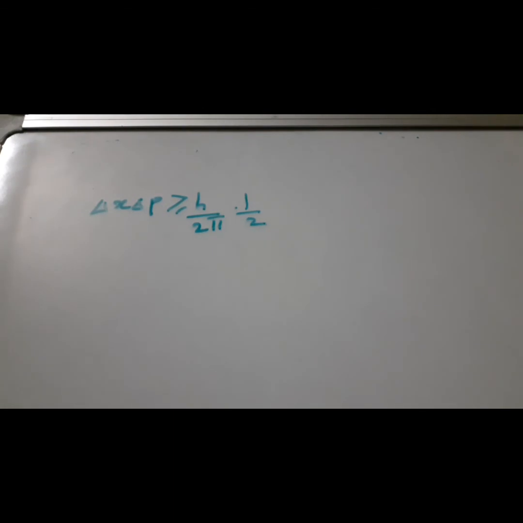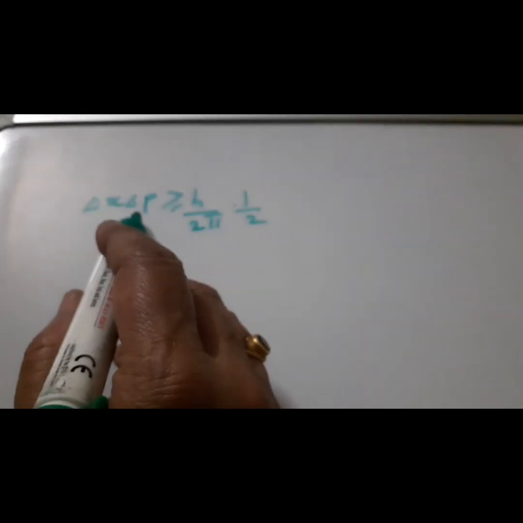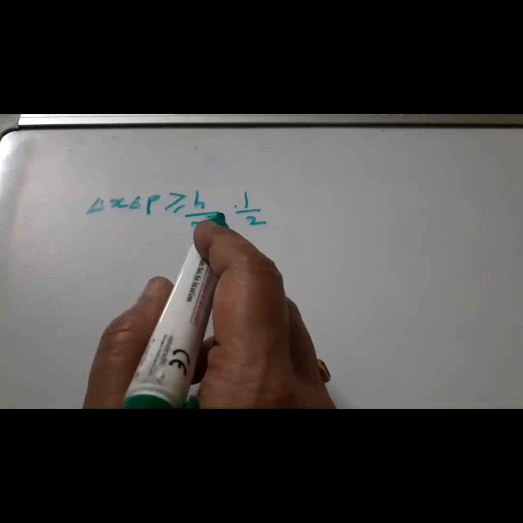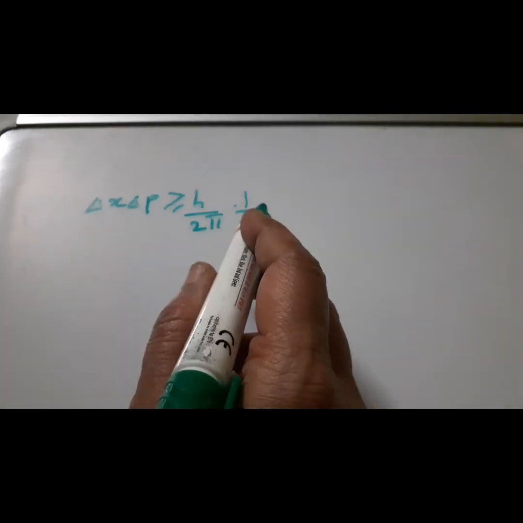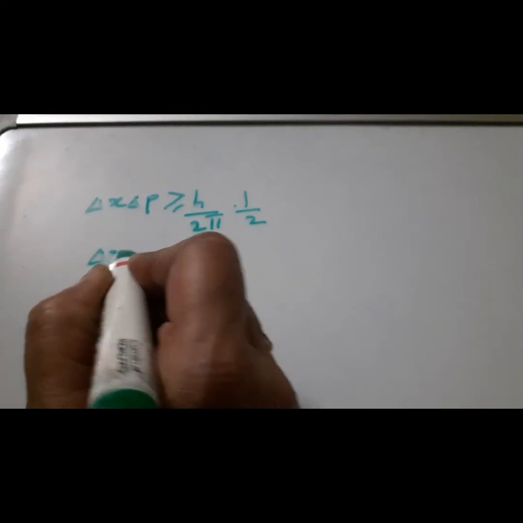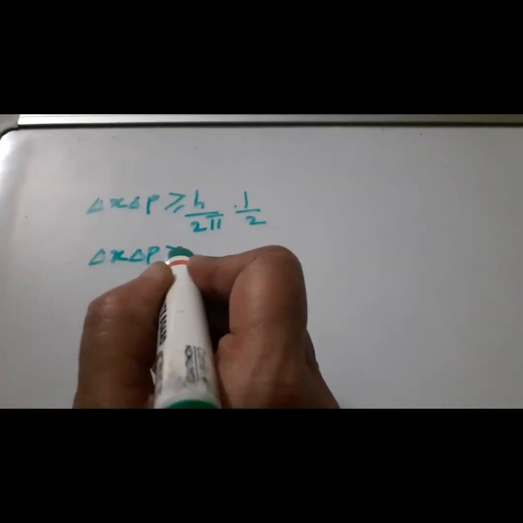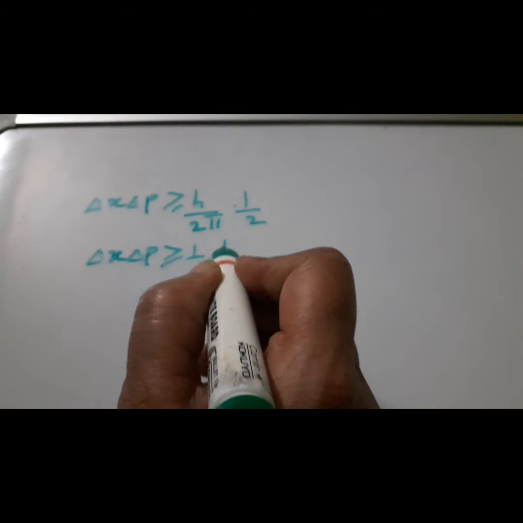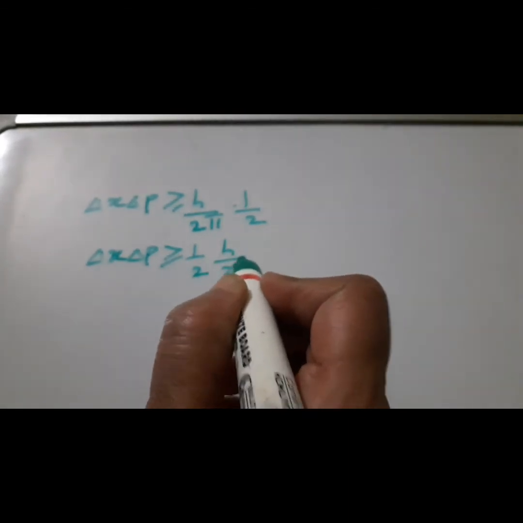Again, all of you listen to it. If the group consists of a very large number of continuously varying frequencies, then the fundamental error, that is delta x delta p, is greater than or equal to h upon 2 pi into 1/2, or delta x delta p is greater than or equal to 1/2 h upon 2 pi.